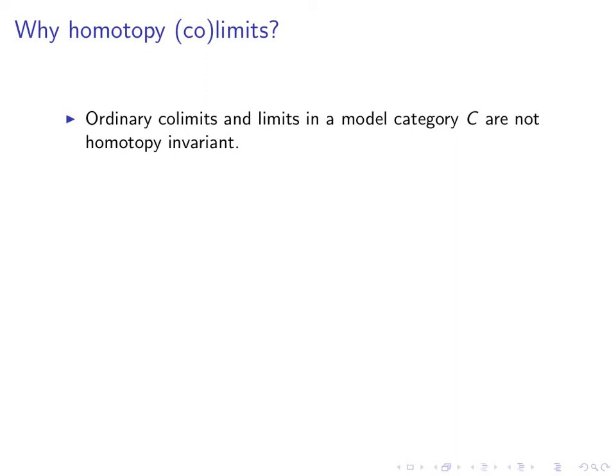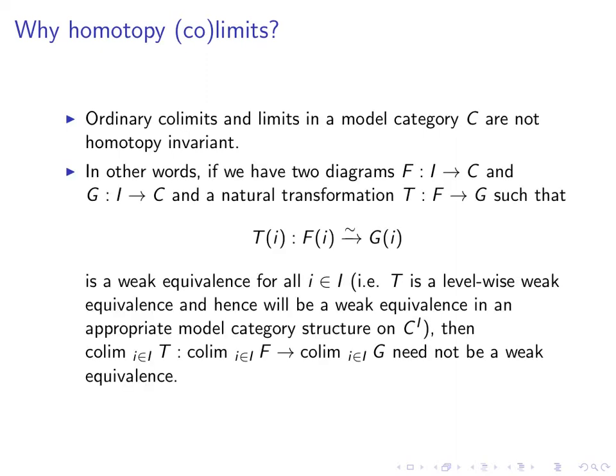One way they arise is that the ordinary colimits and limits in a model category are not homotopy invariant. In other words, if you have two diagrams, f and g, and a natural transformation t, so that for each index I, f of I and g of I have a weak equivalence between them, we sometimes say that t is a level-wise weak equivalence, and it will be a weak equivalence in an appropriate model category structure on this functor category.